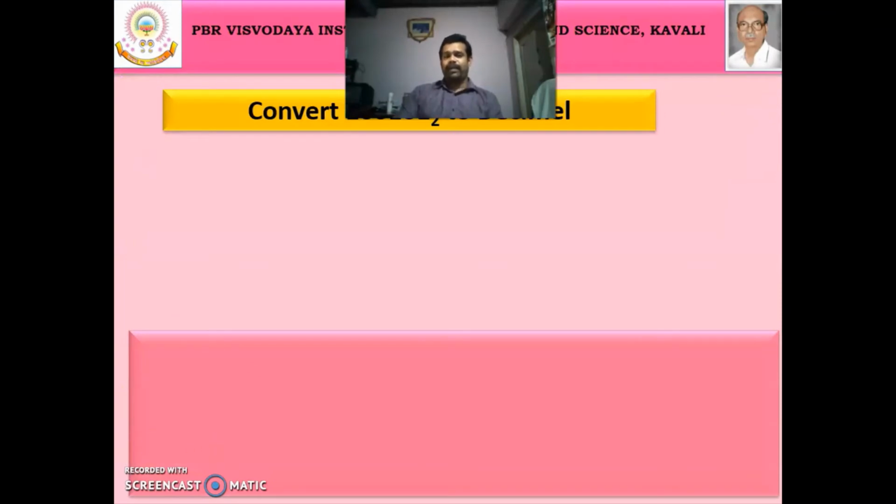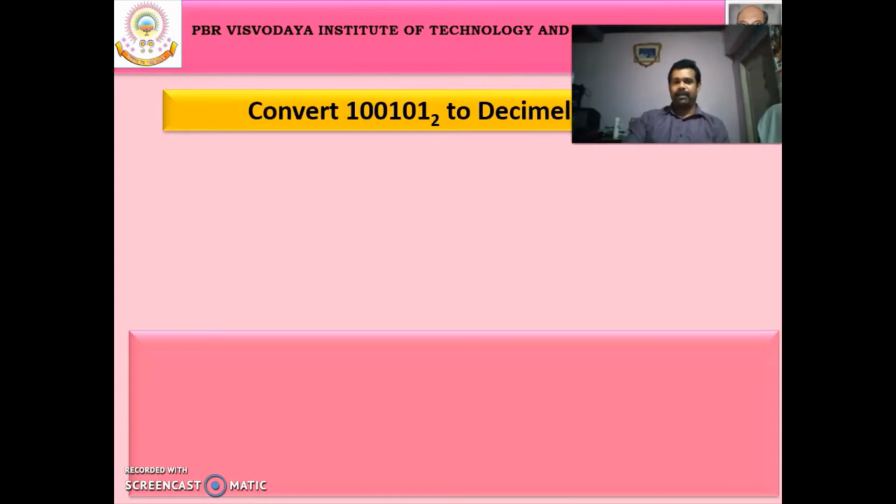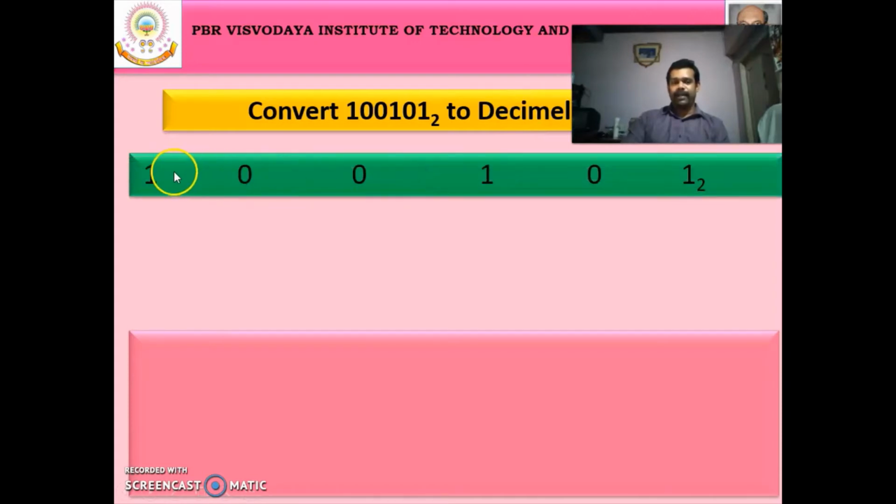First, we are going to see how to convert the binary number 100101 to the base 2 to decimal. First we have to write the binary number like this.